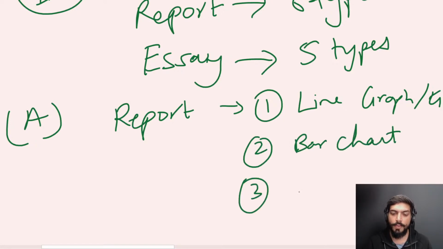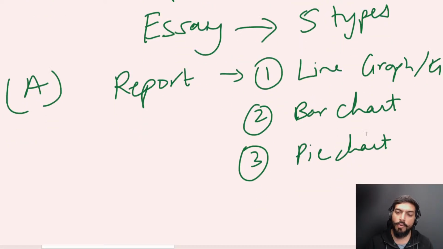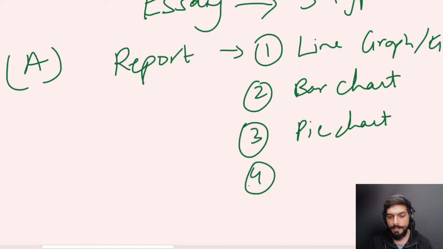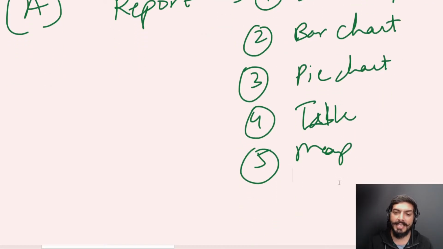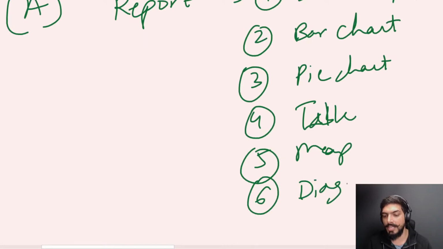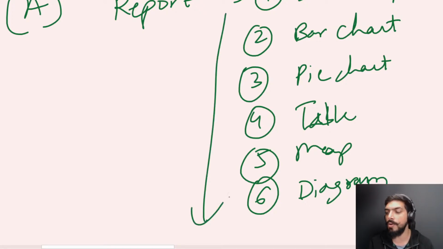Third one is what we call a pie chart. Fourth one is a table that you have to describe. Fifth one, map difference. And finally, the sixth one is called the diagram or a process diagram. So these are the six types of reports possible in your academic writing part 1.